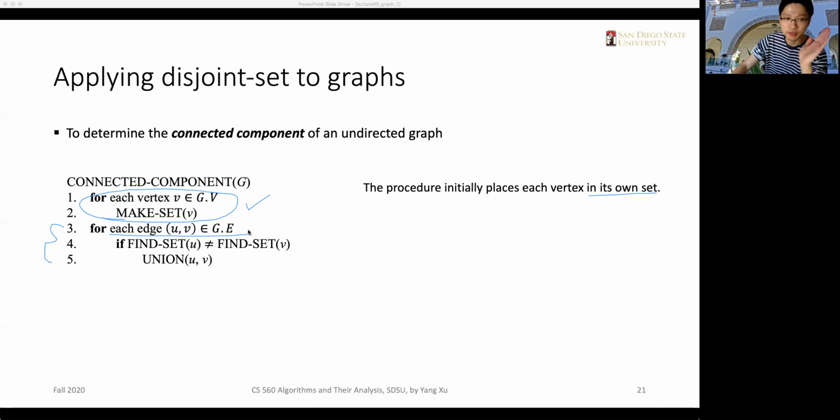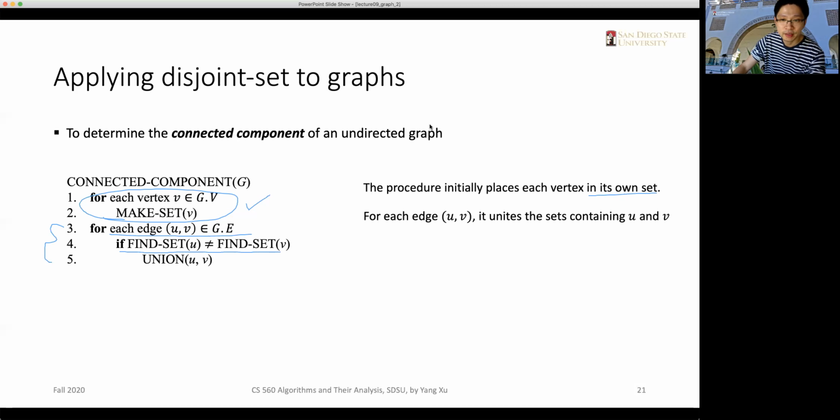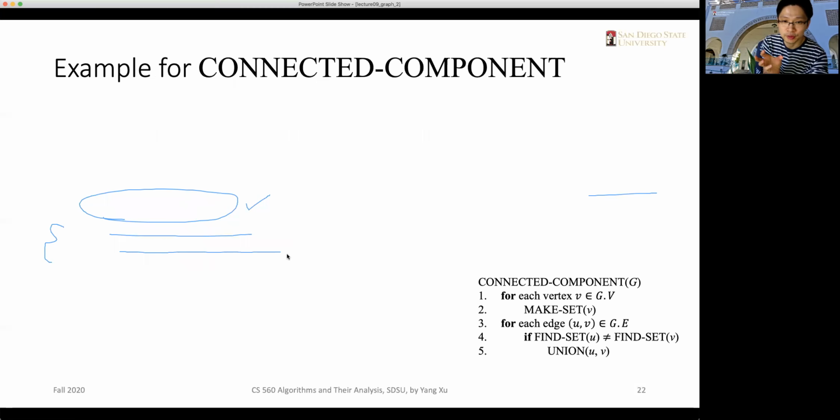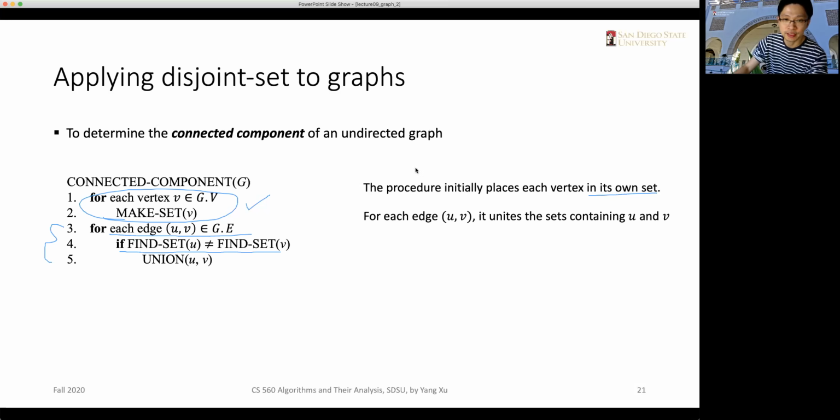We just iterate over all the edges, regardless of the order, regardless of the weights. And the if also looks similar. For each edge, if the two endpoints are in two different sets, then we will unite the two sets. If they are already in the same set, then we do nothing.